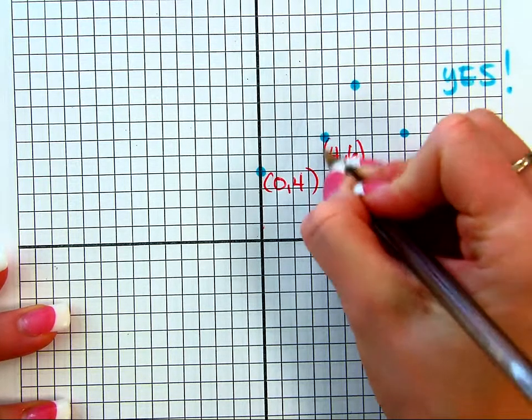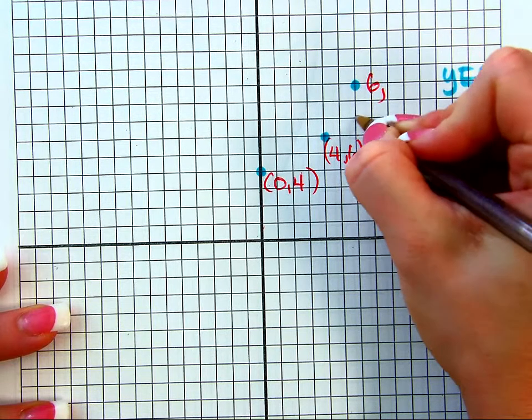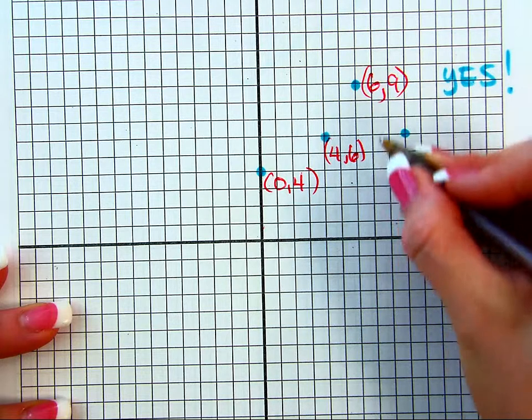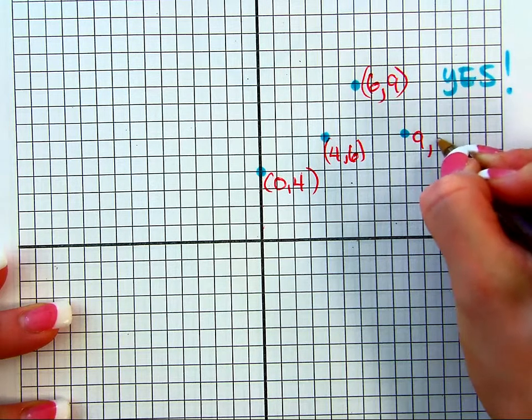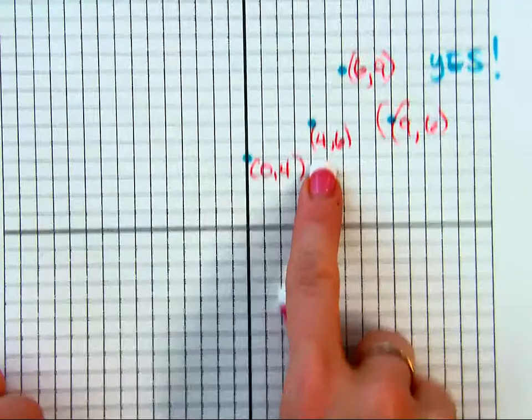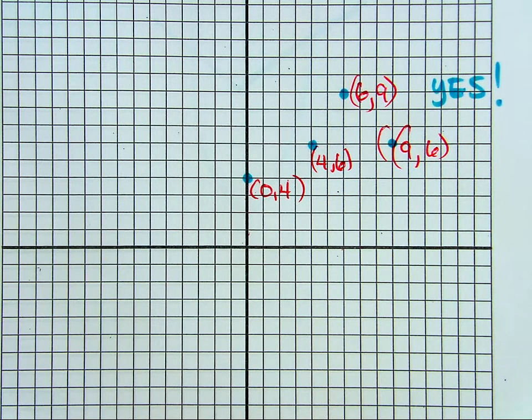The x value here is 6, 9. And the x value here is, what is this? Where are we at? 9, 6. Okay, well, let's look. 0, 4, 6, 9. Is it a function? Yep. Okay.